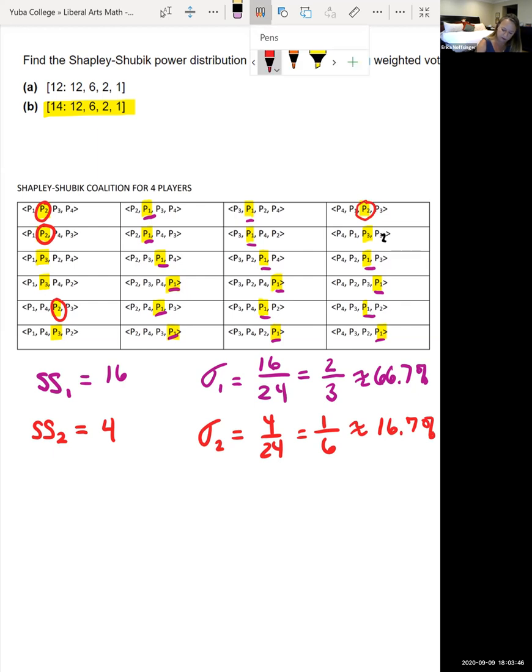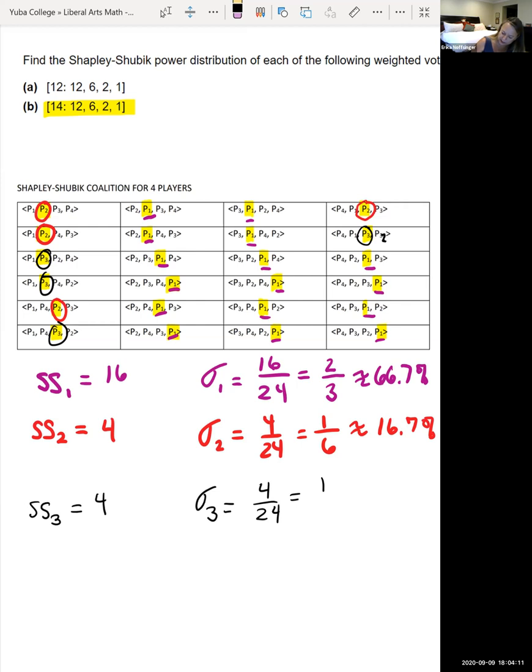So player 3, I have 1, 2, 3, 4. So they have the same power as the second player. 4 over 24, which is 1/6, which is approximately 16.7%.